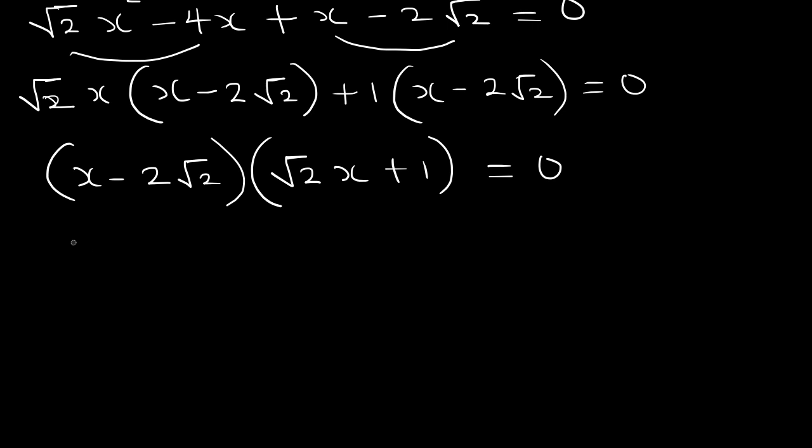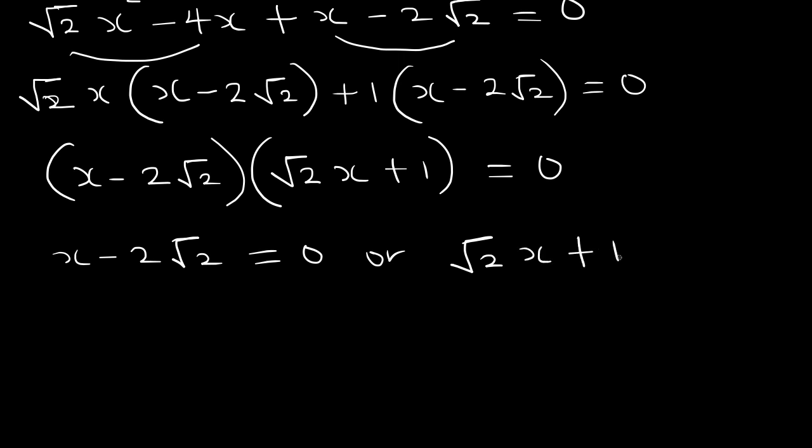So now we have that x minus 2 root 2 is equal to 0, or root 2x plus 1 is equal to 0.